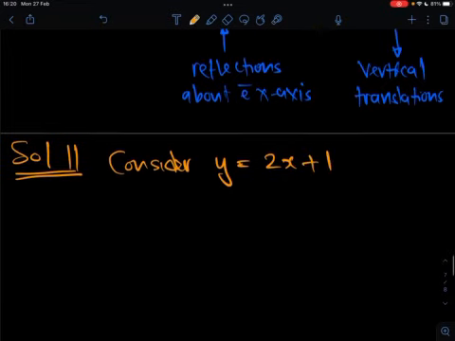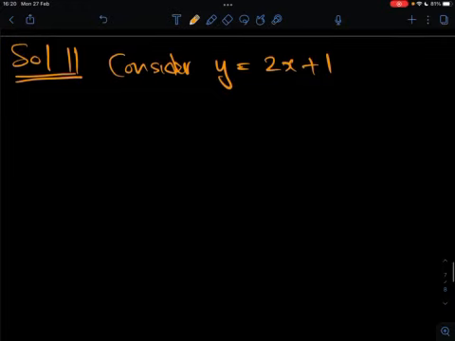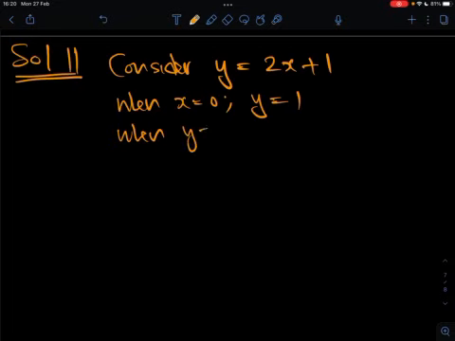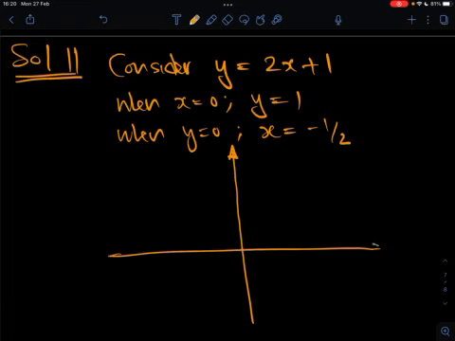Then using this, I'm going to plot the graph. When x is 0, y is 1, and when y is 0, x is equal to negative half. Now let's plot this curve and see how it comes out.